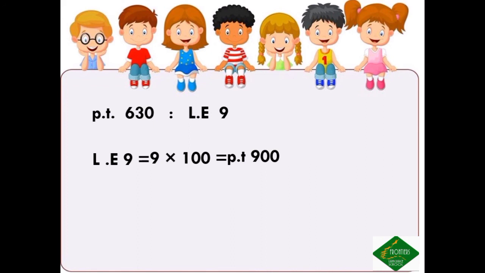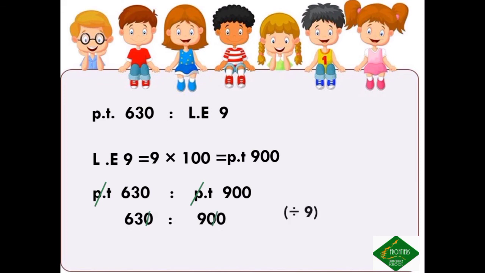Then we must put the numbers in the same order, 630 piasters to 900 piasters. We have the same unit, we must cross it. Then from 630 to 900 I divide by 10, then divide by 9, so the answer will be 7 to 10.